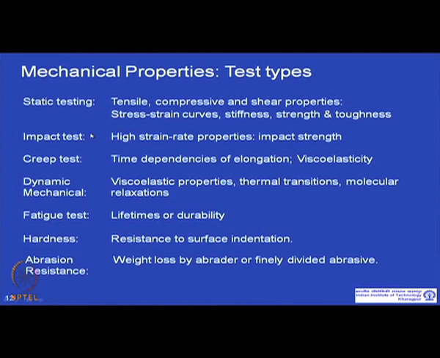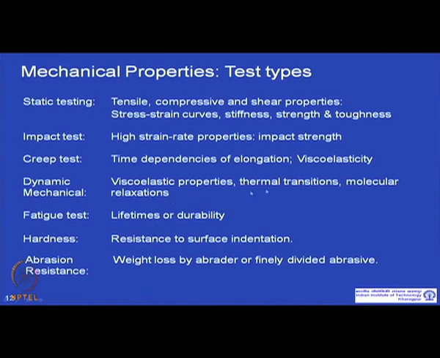The impact test is a high strain rate test, done very fast by applying stress at a fast rate, and it gives the impact strength, the resistance of a plastic material to impact. Time-dependent behavior can be studied from a creep test. Similarly, there are other tests like dynamic mechanical test, fatigue test, hardness, and abrasion resistance.